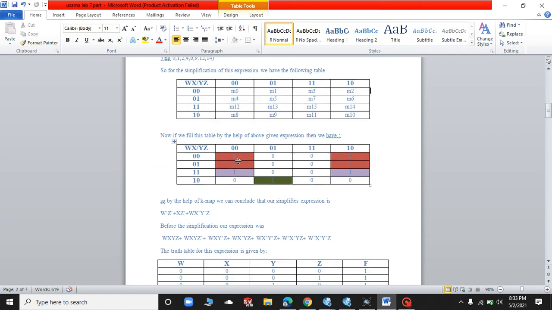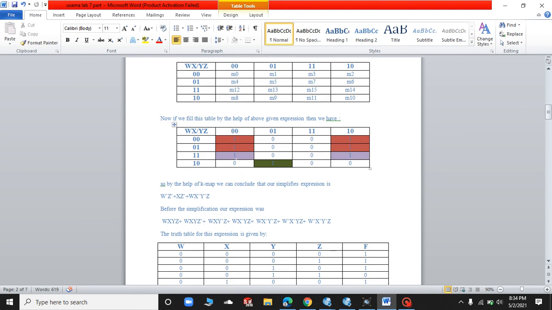So I make a total of three groups. When I wrap the table around in this way, these four ones make a group, and then I have the second group, that is these two ones and these two ones. Then I wrap this table, and these four ones also make a group, and there is a single one over here.